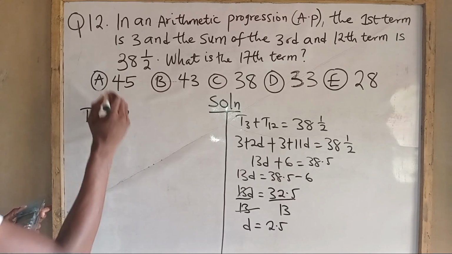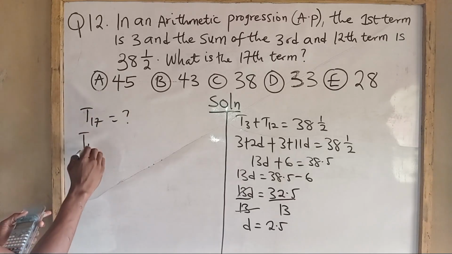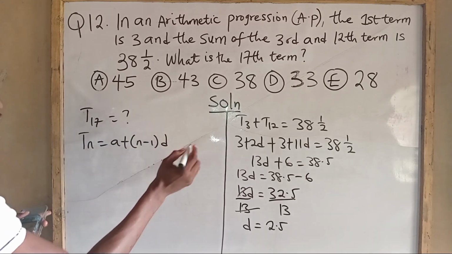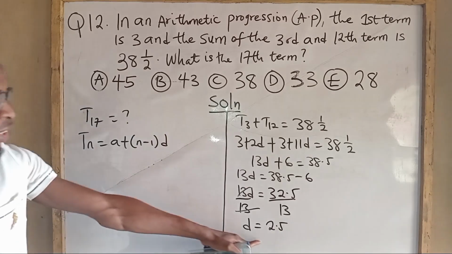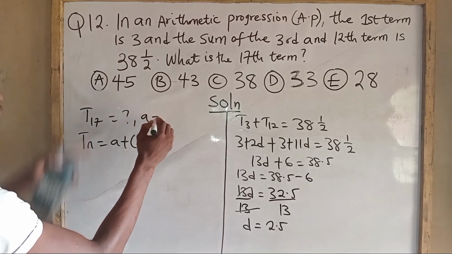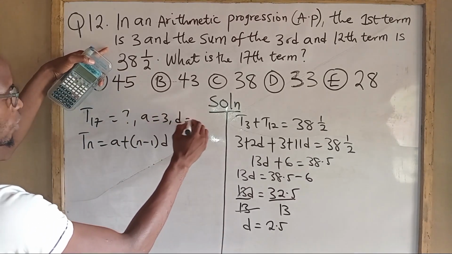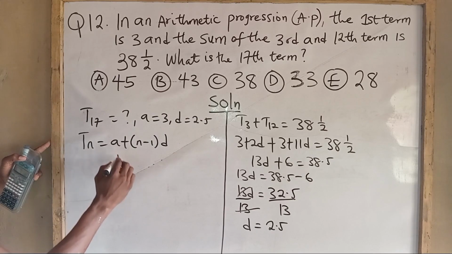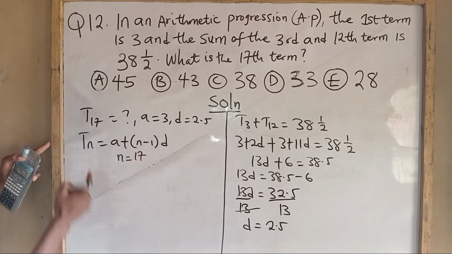From the formula again, we have Tn equals A plus (n minus 1) D. Of course, in this case we have the D already. So A is still remaining as 3 and D is 2.5. If you replace all these parameters into this equation, n already is 17. So you can calculate the value of T17.